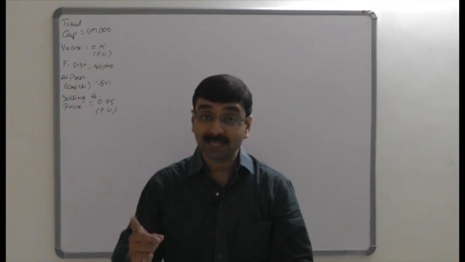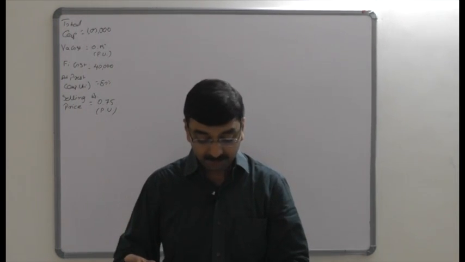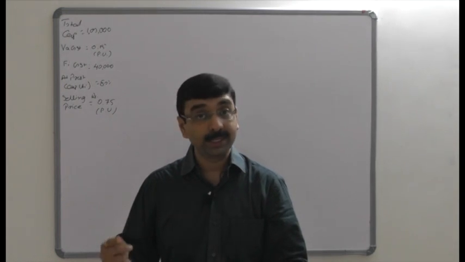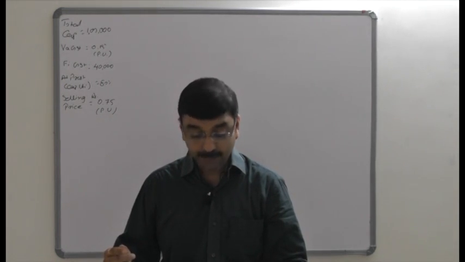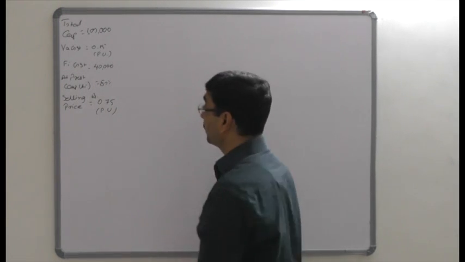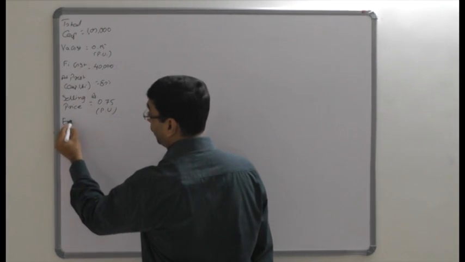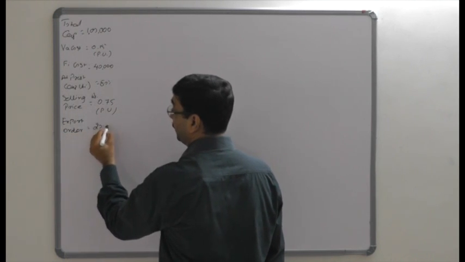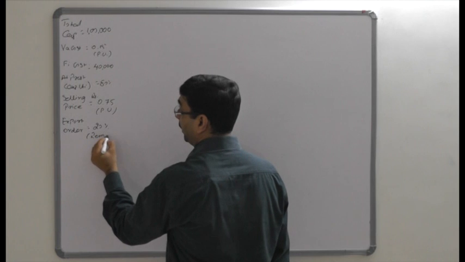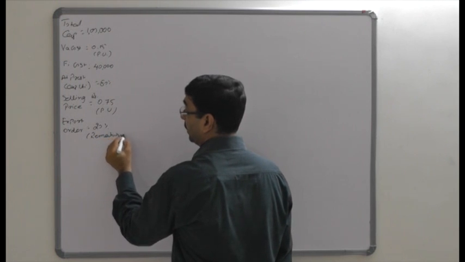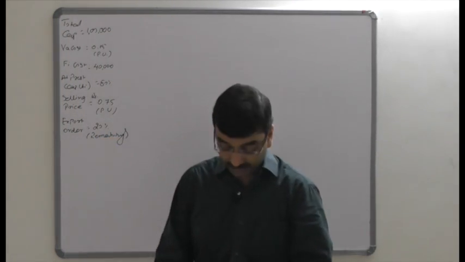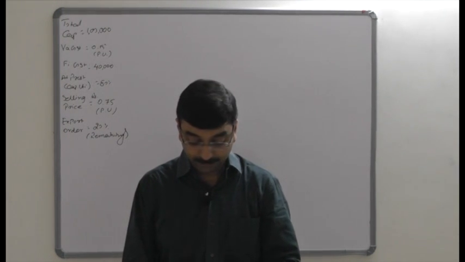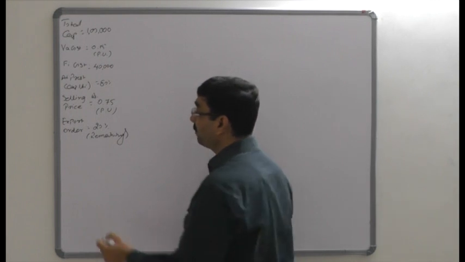Now the question continues: if the company receives an order from a foreign dealer to purchase the remaining production of 20% of capacity. So an export order is received for the remaining 20% capacity, and they ask to sell this product at the price of rupees 0.50 per unit.